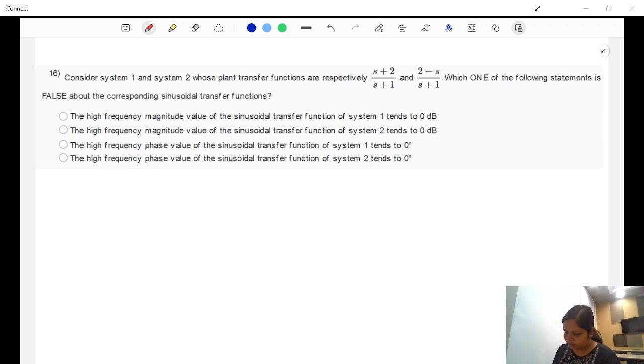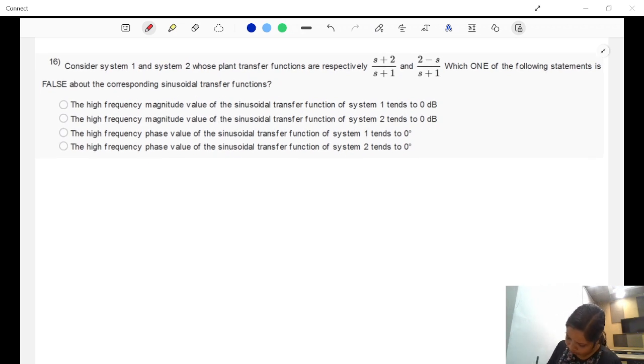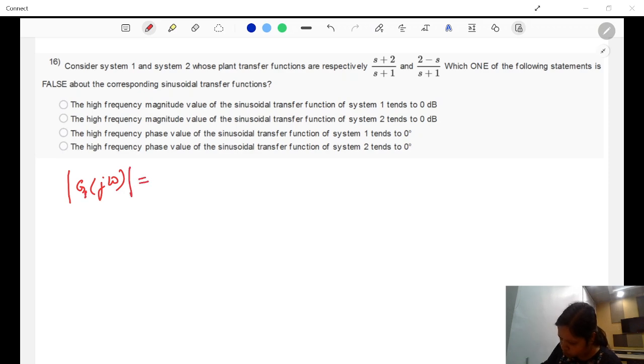So please solve this. I would tell you what all values I will ask you, but you start solving on your own. G1 is the first one. I want to know the magnitude. I want to know the phase.